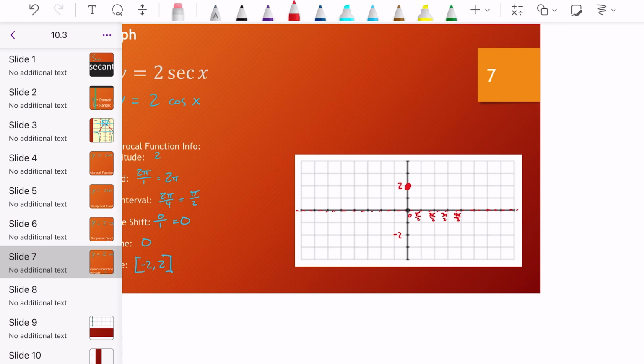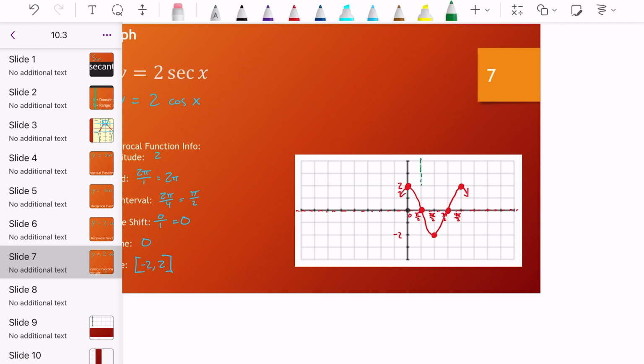We'll drop down to the midline at pi over 2, the minimum at 2 pi over 2, back to the midline, back to the maximum. Once again, we're going to connect the dots. Make sure to have those curls coming back down for that graph.